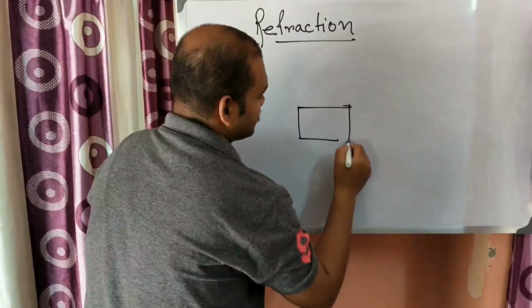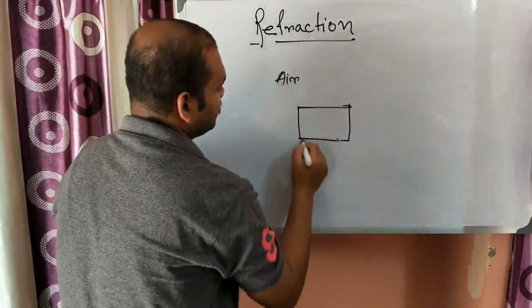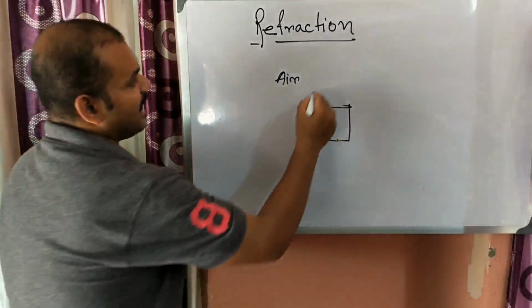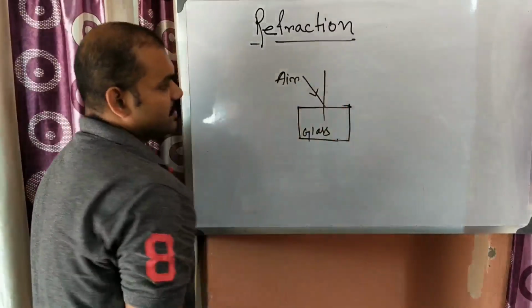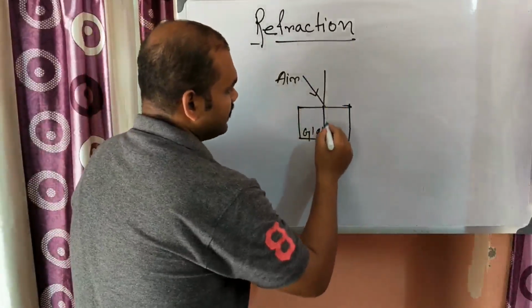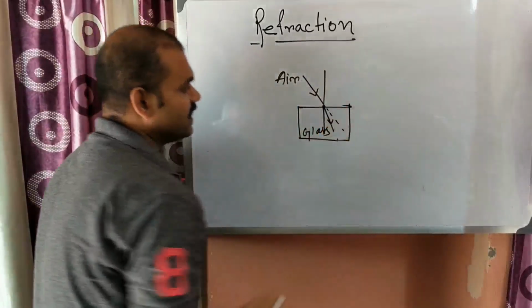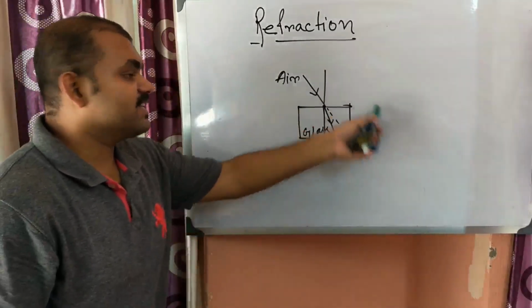So what is refraction? Suppose this is air and this is glass. Now whenever light rays are coming from one medium to another medium, the light rays are supposed to go like this, but they will go either towards the normal or bend away from the normal.